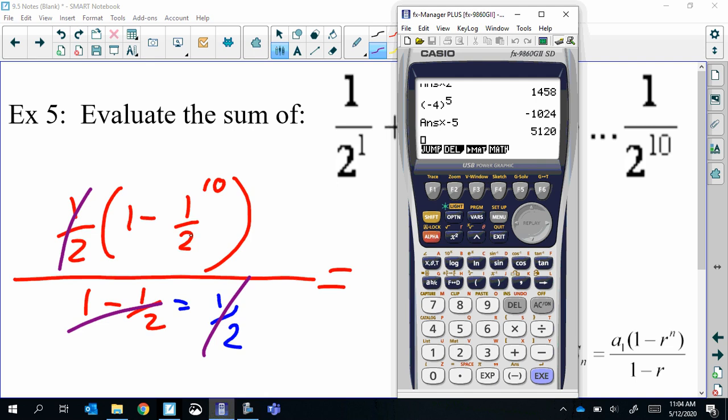So let's start with that, 1/2 to the 10th. I'm going to do 0.5 because it's easier to type. To the 10th power. And it's 1 minus that. So 1 minus the answer. It is a decimal, but if we change it to a fraction, it's going to be a little bit easier. 1023 over 1024.